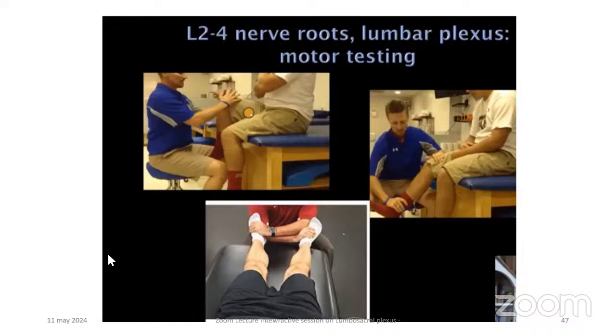Knee extension is again the femoral nerve. And you can see abduction and adduction. Adduction is by the adductors, the obturator nerve. That is L2, 3, 4: hip adduction, knee extension, hip flexion. These are three common things you have to remember for testing the muscles of L2 to L4.